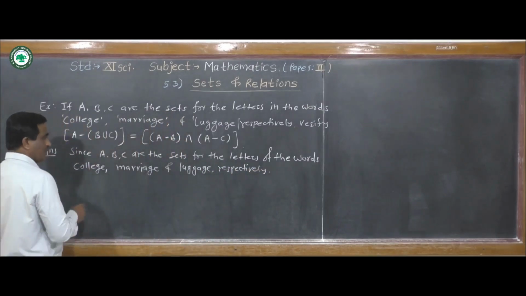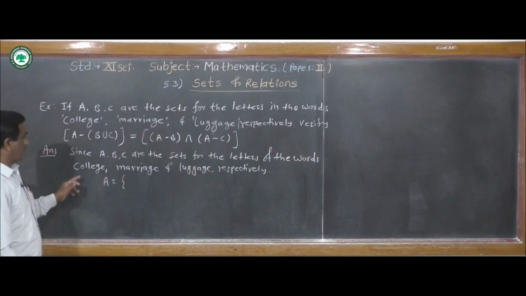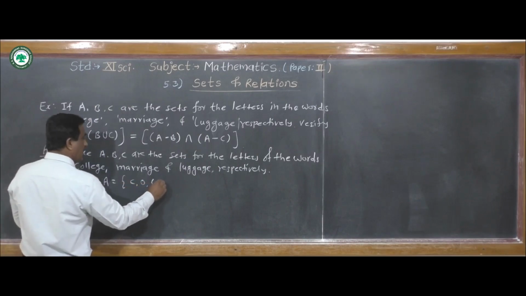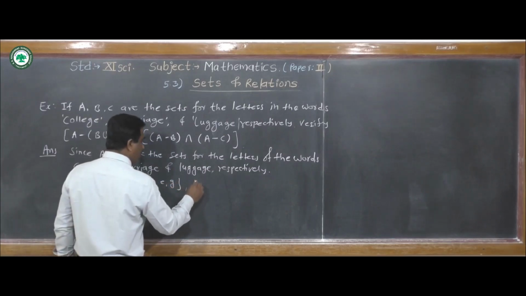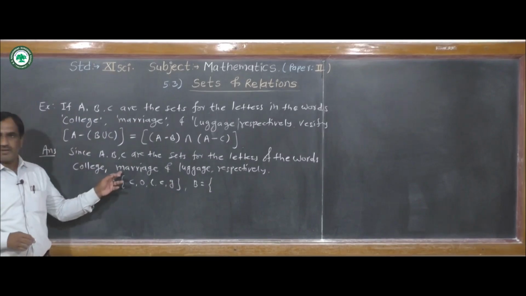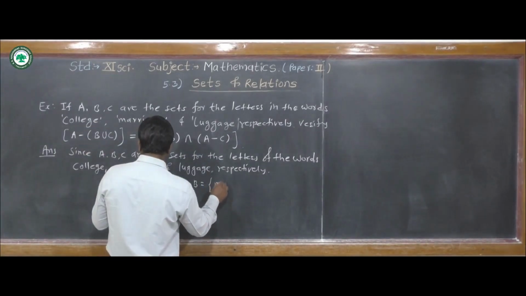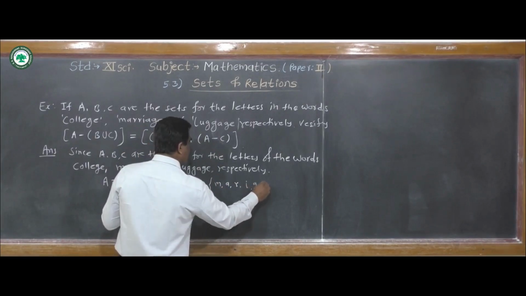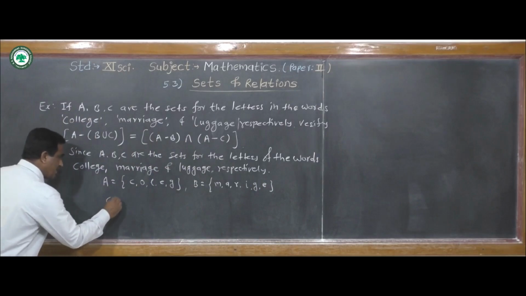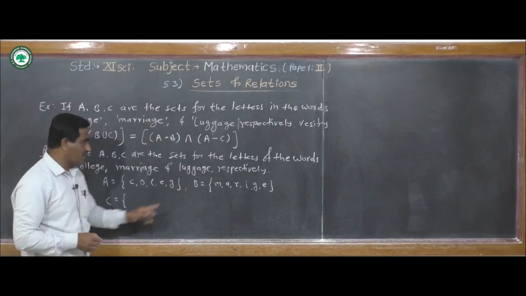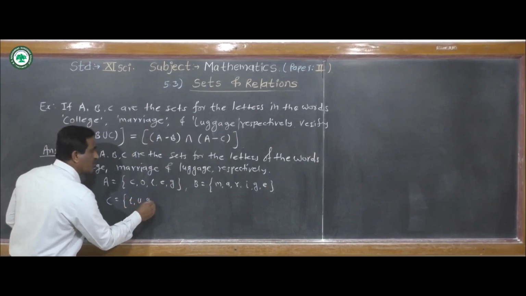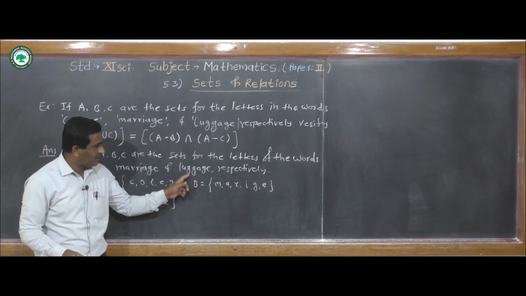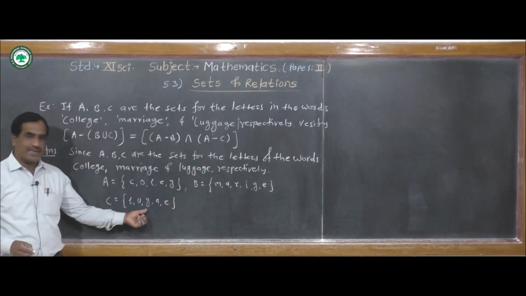Therefore we can write the sets here. Set A, by using the word college, has elements C, O, L, E. Set B, by using the word marriage, has elements M, A, R, I, G and E. Set C, by using the word luggage, contains L, U, G, A, E. We cannot repeat the letter G. There are 3 G's, but we write it only one time in the set.